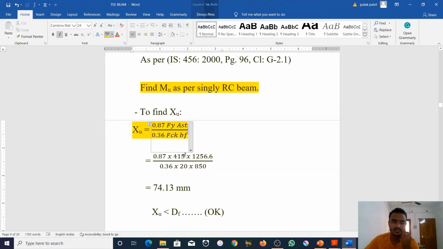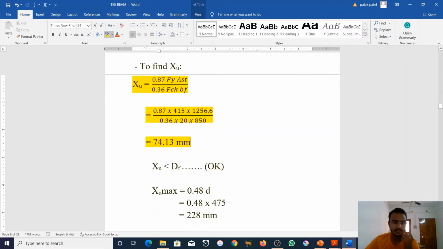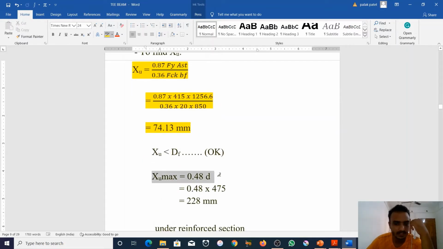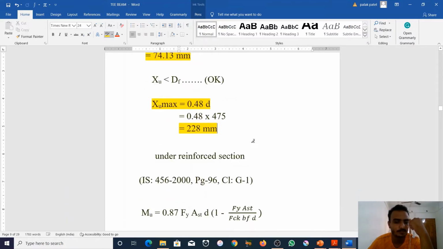So here is the equation: XU equals 0.87 FY AST divided by 0.36 FCK BF. Putting all the values, we got XU as 74.30 mm. Then to find XU max, 0.48 D. Effective depth is 475, XU max value is 228 mm.